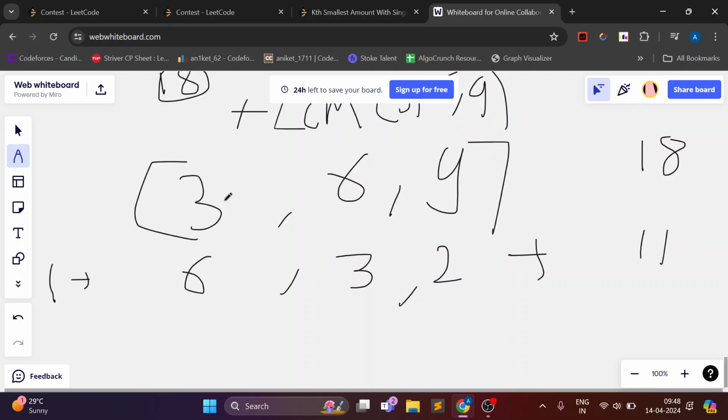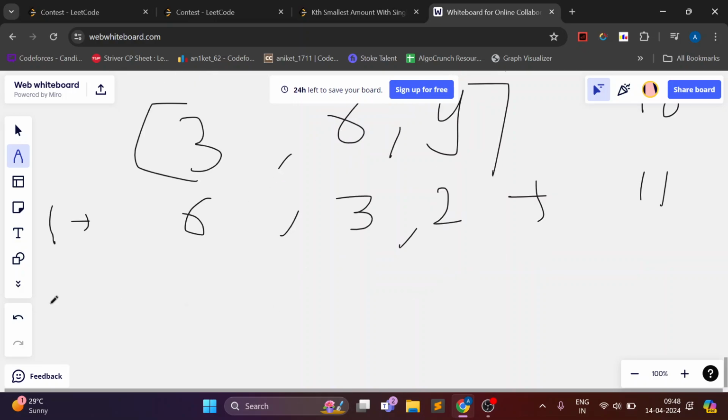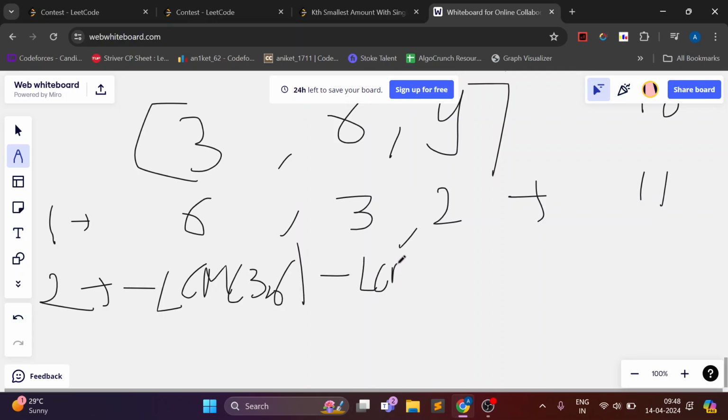Now again, as we discussed earlier, we added the LCM of 3 and 6, that means 6, twice. So this is the second step, where I have to subtract the LCM of 3 and 6, and again subtract the LCM of 6 and 9, and subtract the LCM of 3 and 9, multiples of that LCM.